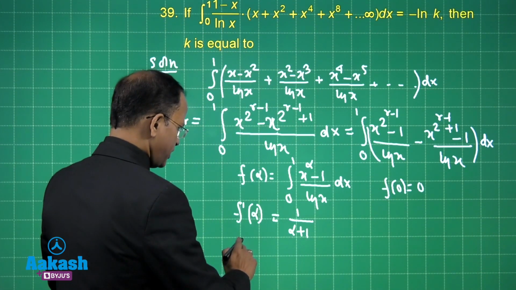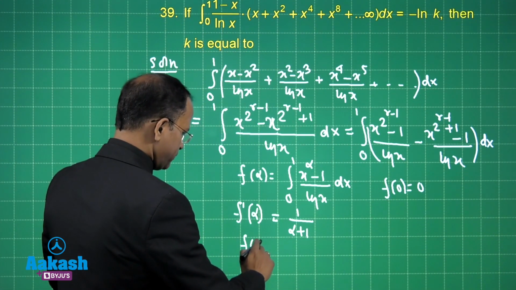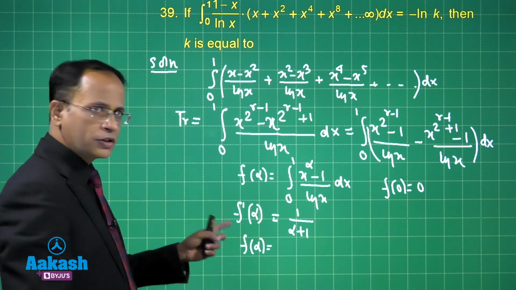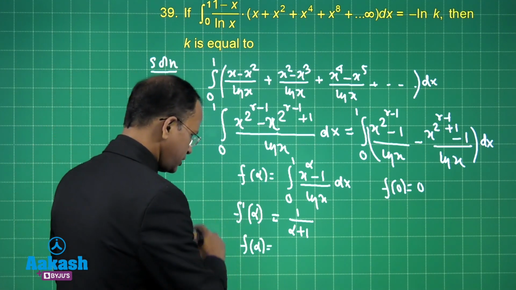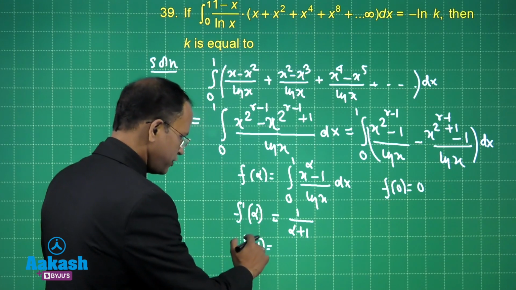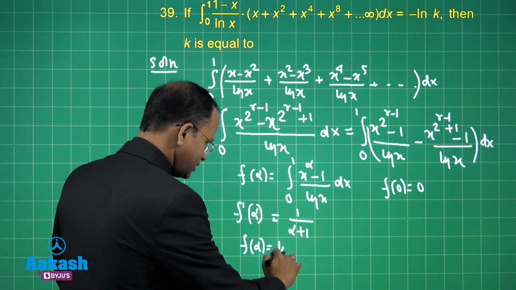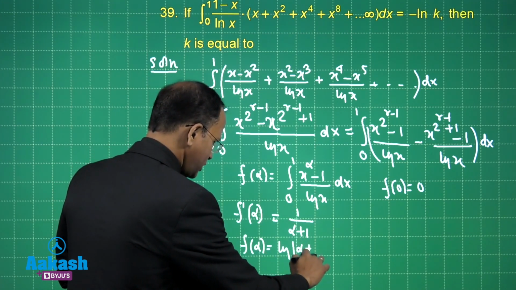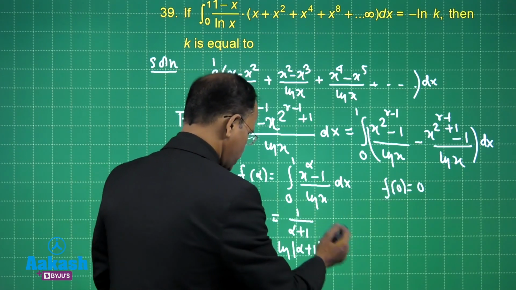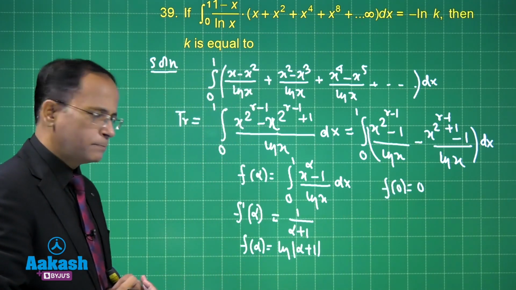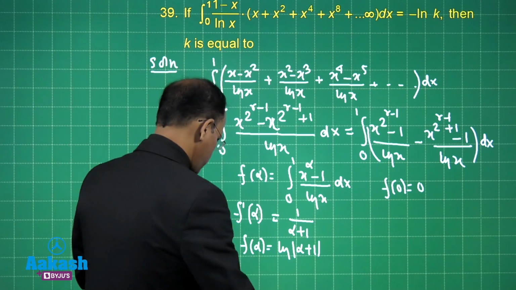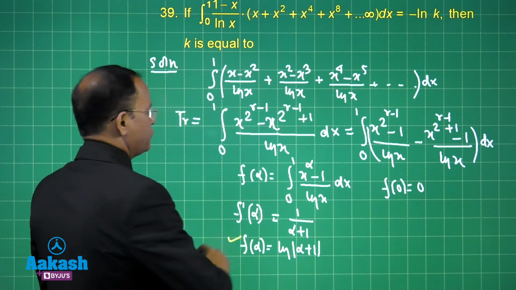Fine. If I talk about the integral part here, because we just take the integral of this, it becomes f of alpha, and this is ln of alpha plus 1 plus c, but again f of 0 is 0, so c is going to be 0, right? So f of alpha is going to be this now, you got it. This is how we can write it.